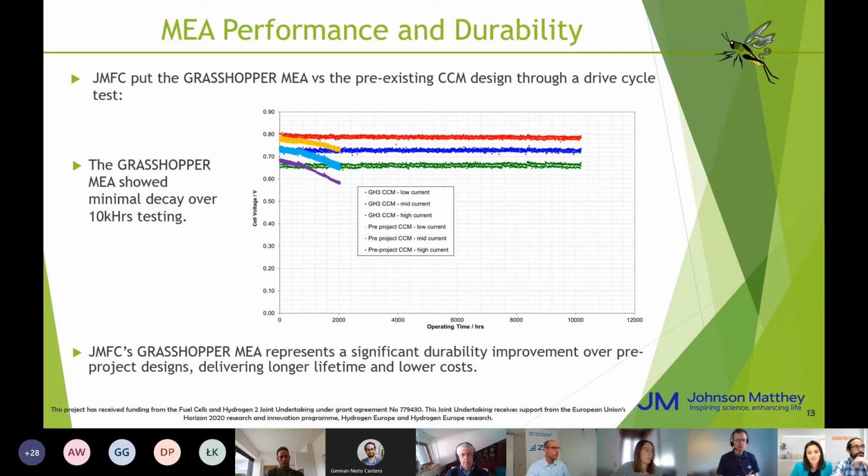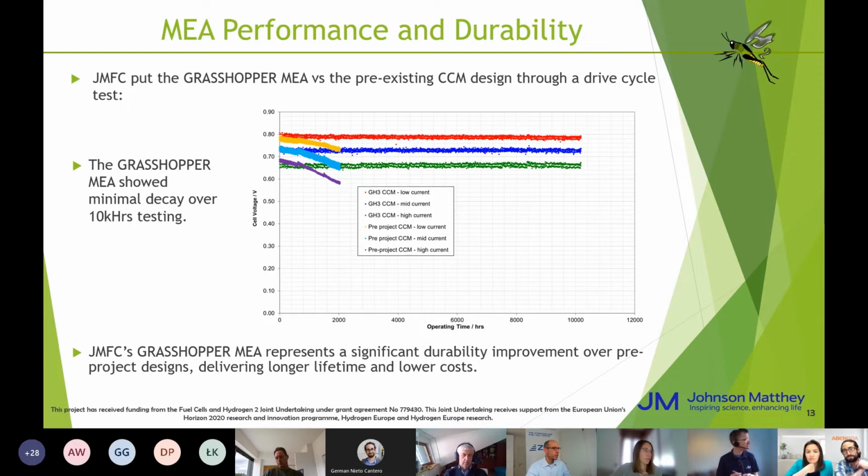And in fact, given that there's a small amount of performance gain at the start of the 10,000 hours or so of testing, followed by a very, very flat voltage versus time trace for the low, high, and intermediate current density points, the Grasshopper MEA essentially showed minimal decay, very little decay at all, over 10,000 hours testing in this drive cycle.